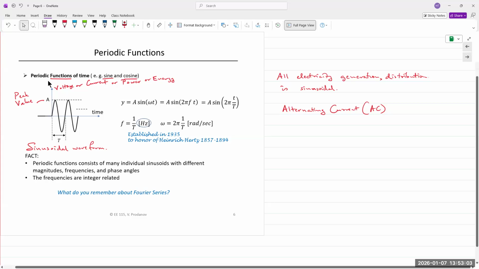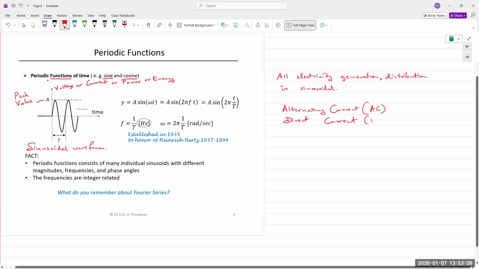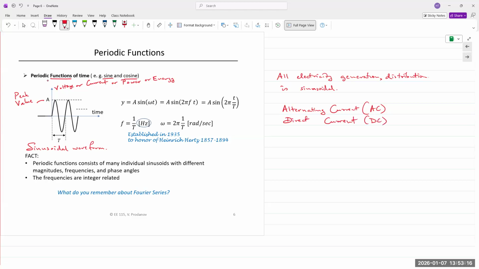Direct current simply means it has a constant value with respect to time. It doesn't change. AC simply means it could have any value at any given point in time.